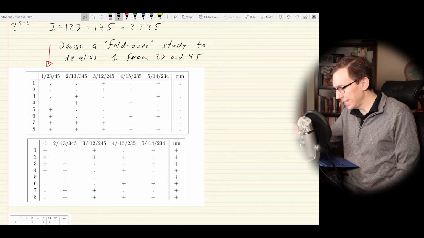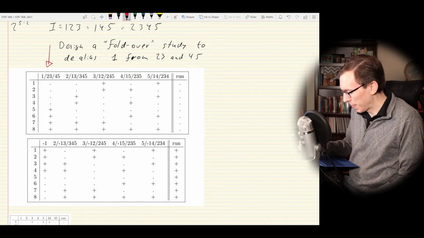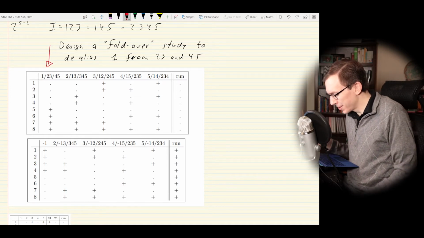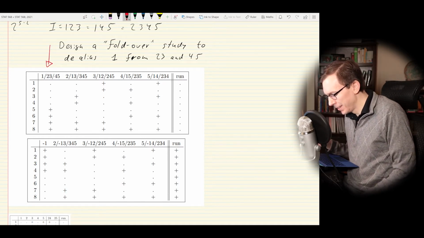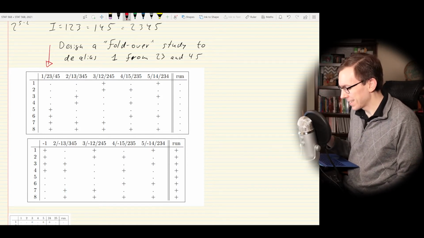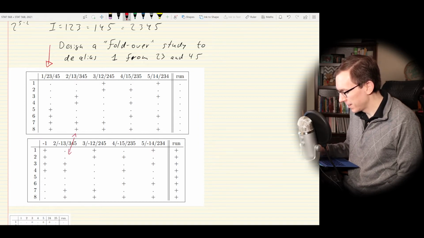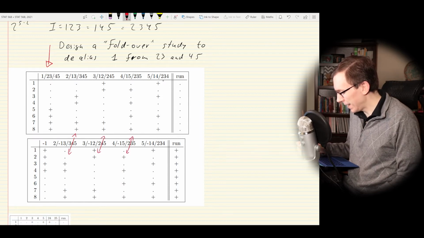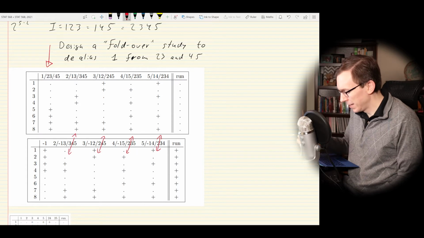So notice that my rows now seem to be slightly askew because of the way LaTeX decides to organize things. But the point is that these are the same. These are the same. These are the same. And these are the same.